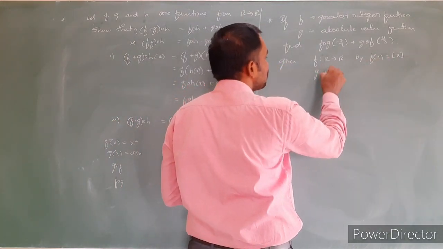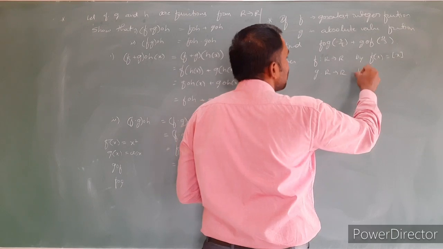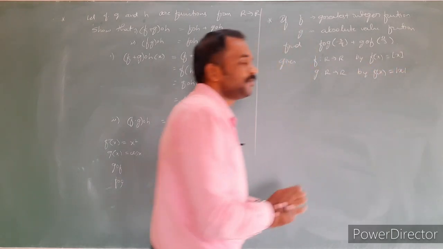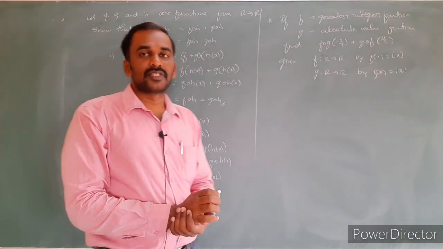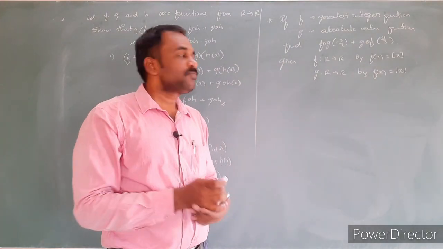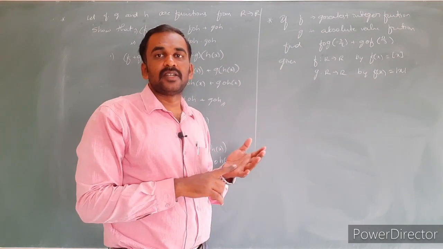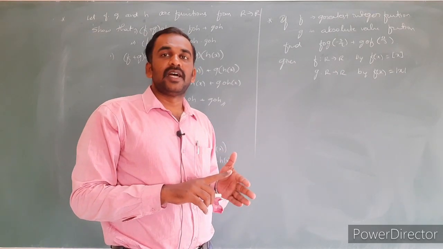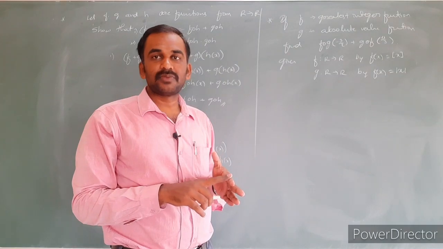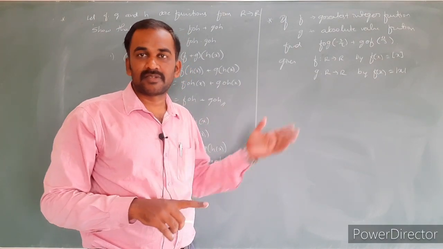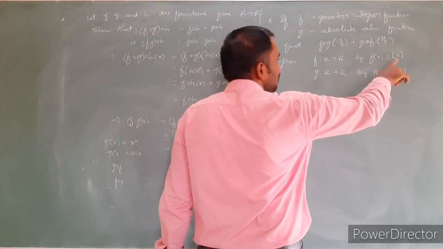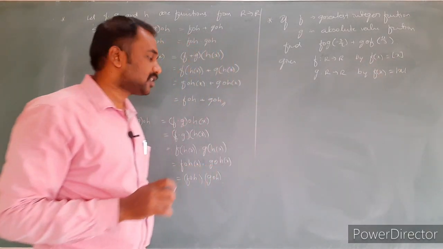And g is another function, the absolute value function, which is nothing but the modulus function. That's all. Already you know that once upon a time in first PUC you studied 7 functions: identity function, polynomial function, rational function, modulus function, signum function, greatest integer function. So these are the examples, and the greatest integer function you already know.